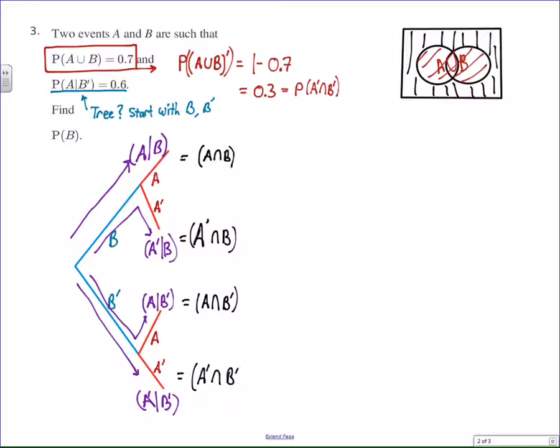Here on this branch, B happened, and then once B has happened, either A can happen given that B's happened, or A could not happen given that B's happened. If we multiply the probability of B times the probability of not A given B, then we have the probability of not A and B. So the ands come as a result of the product along each pathway of the tree.